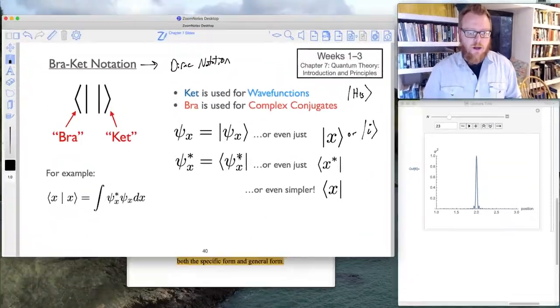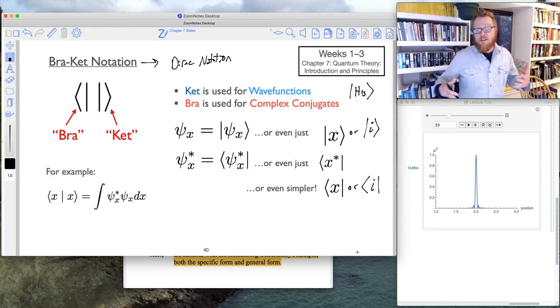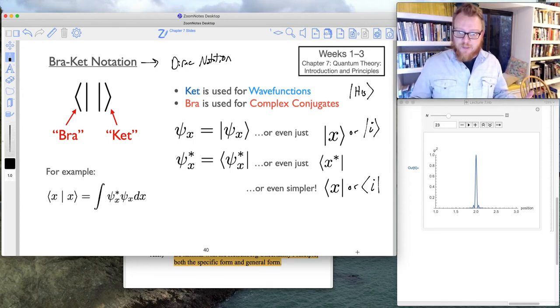But really, I don't even have to put the star right there, because if I put this in a bra, that automatically means I'm talking about the complex conjugate. And in this same notation, I could even just say state i, and that would tell me I've got a complex conjugate of state i, and maybe state i is a ground state.